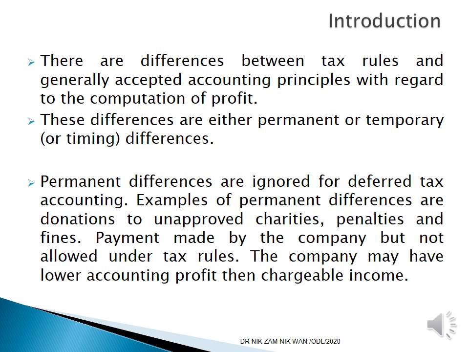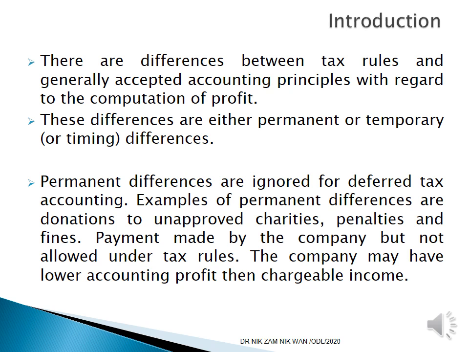There are differences between tax rules and generally accepted accounting principles with regard to the computation of profit. These differences are either permanent or temporary differences. Permanent differences are ignored for deferred tax accounting. Examples of permanent differences are donations to unapproved charity, penalties and fines.